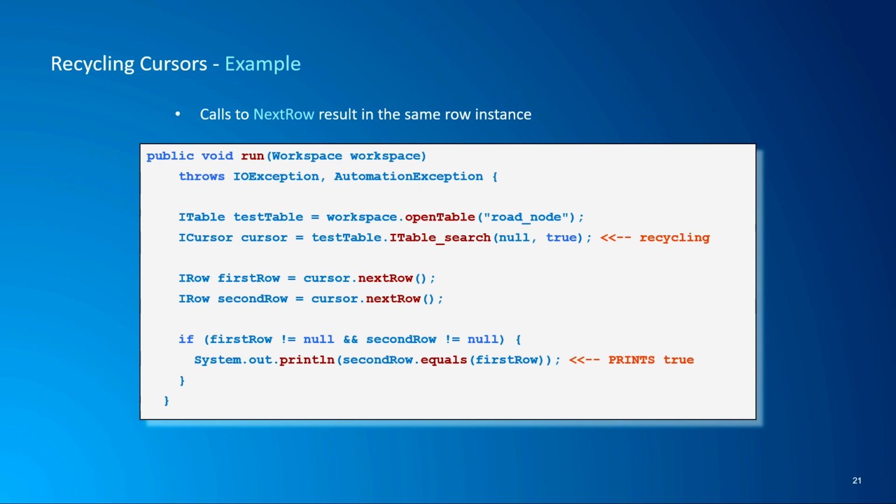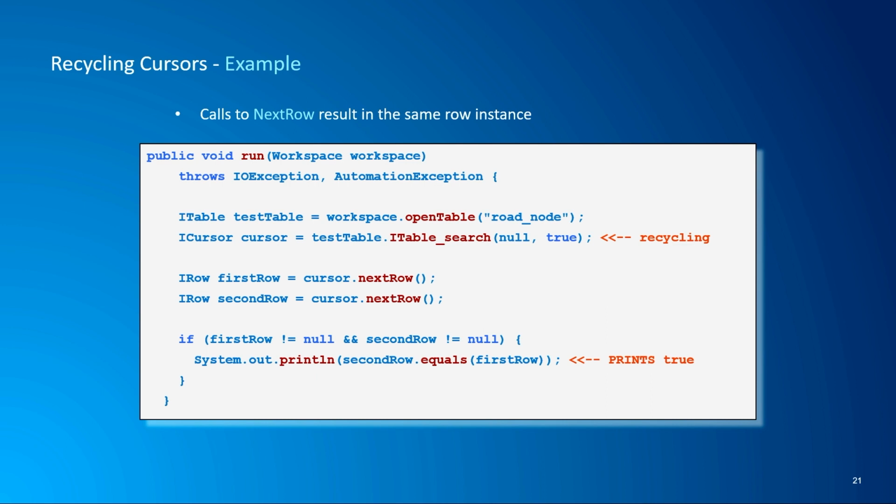Here's a little example showing that when you call next row on a search cursor where recycling is enabled, you're going to get back the same row instance. So here, again, we're opening up the road node table, and we're creating a search cursor to return all the rows. We set recycling to true. Then we ask for the first row with next row, then we ask for the second row, and we see whether or not they are equal.